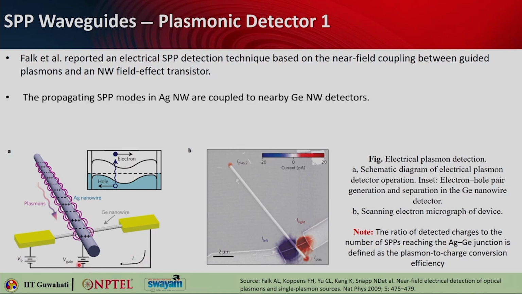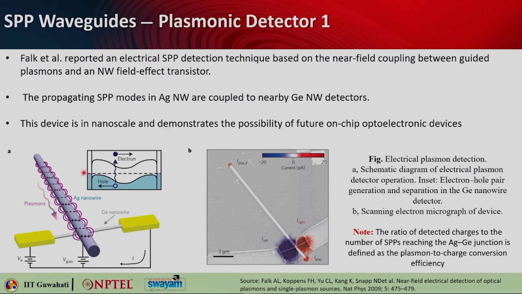Okay. So, whenever there are propagating SPP modes in this silver nanowire, they get coupled to this germanium nanowire detector, and they excite electron hole pairs, and these electrons and holes propagate, and there is a current in the circuit which is measured.